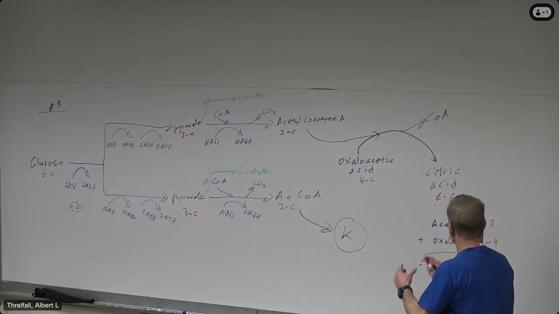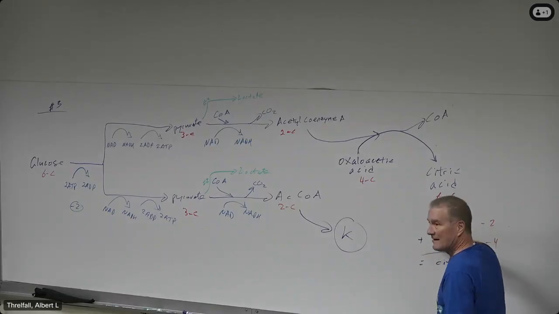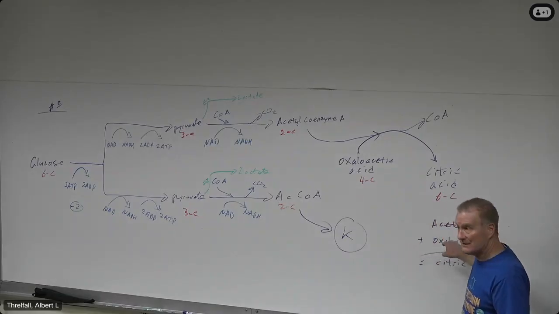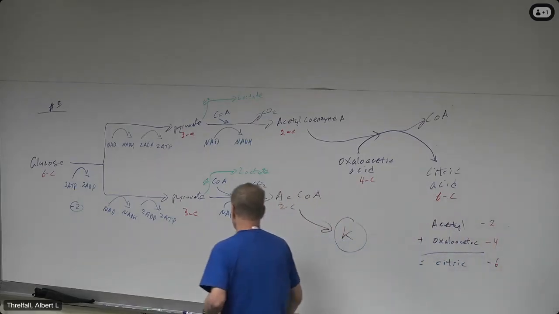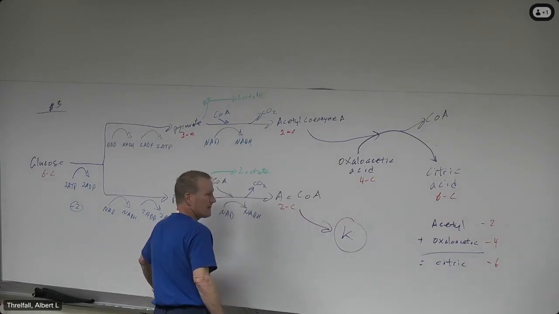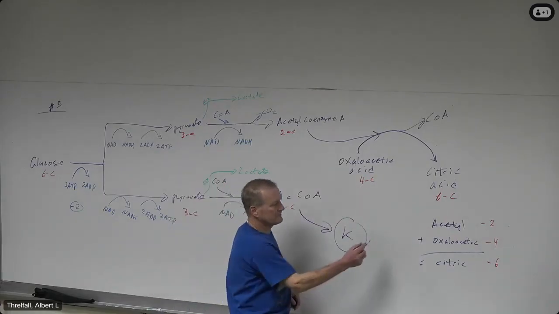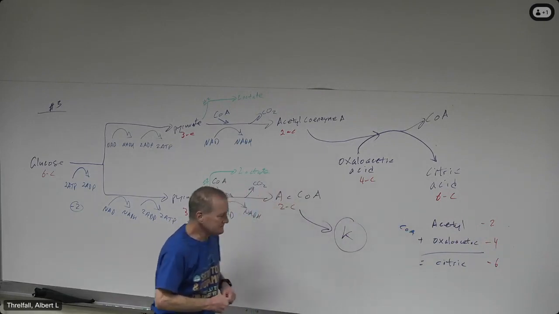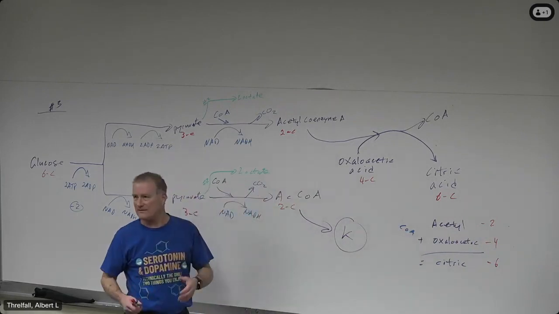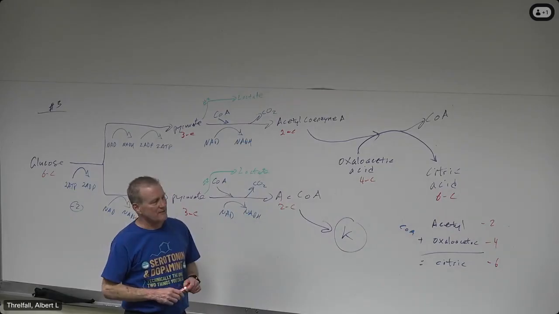And what did the connecting? What connected these 2? Coenzyme A. Coenzyme A was the coupler. But it's not consumed, altered, changed, used up.